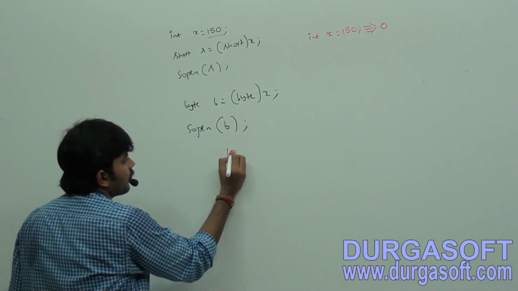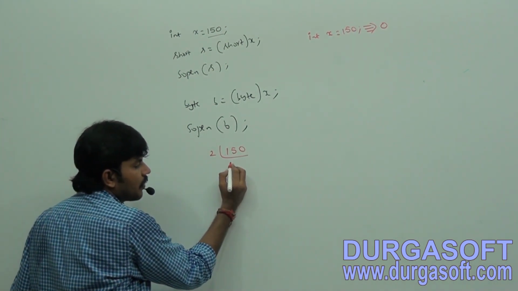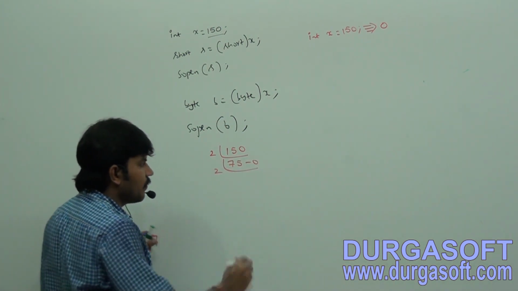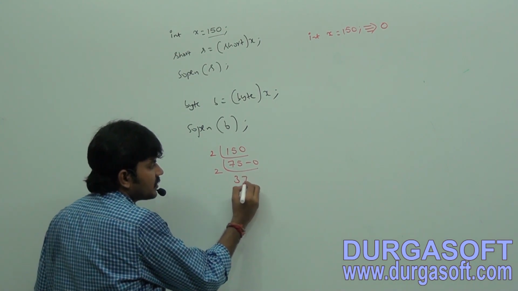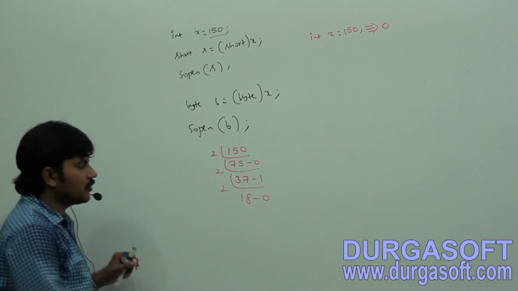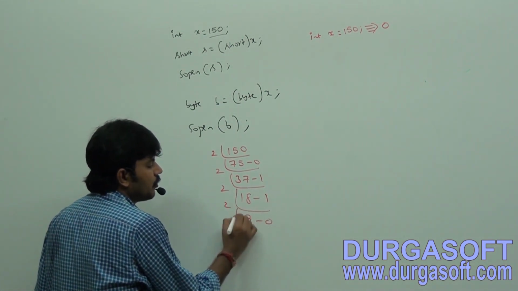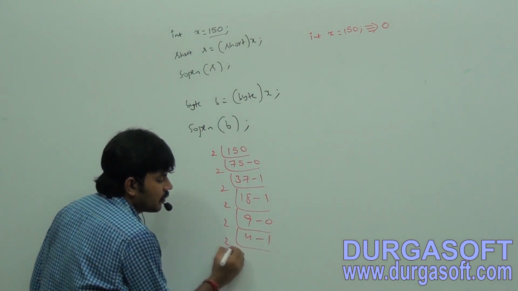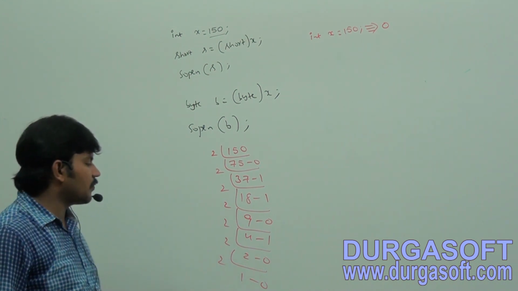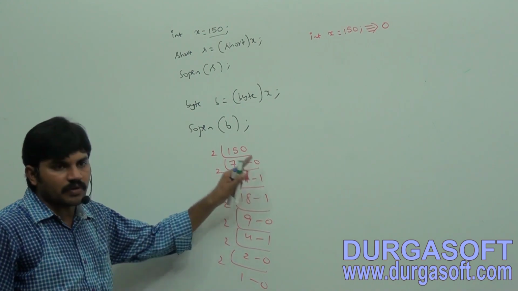Now let me convert 150 to binary. Can you tell what that is? 150 divided by 2 is 75 remainder 0, 75 divided by 2 is 37 remainder 1, and so on. So the binary is 1 0 0 1 0 1 1 0.